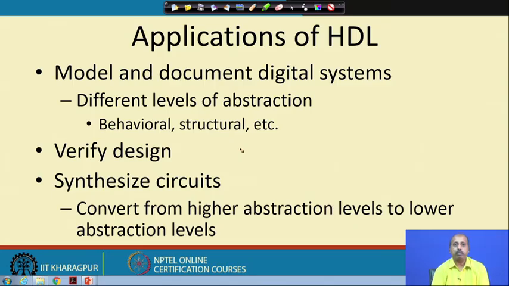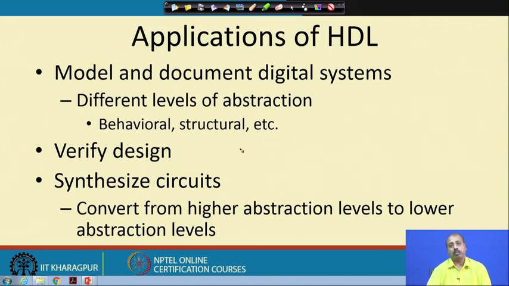That language description may be converted to a module level description, consisting of, say, adders, subtractors, registers, multipliers. That can be converted into a next lower level, the gate level description consisting of gates and flip flops. That gives the next level of abstraction. From there it can be further refined to transistor level description.